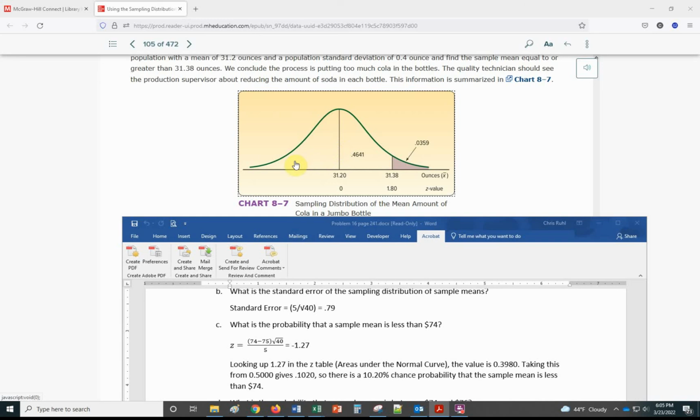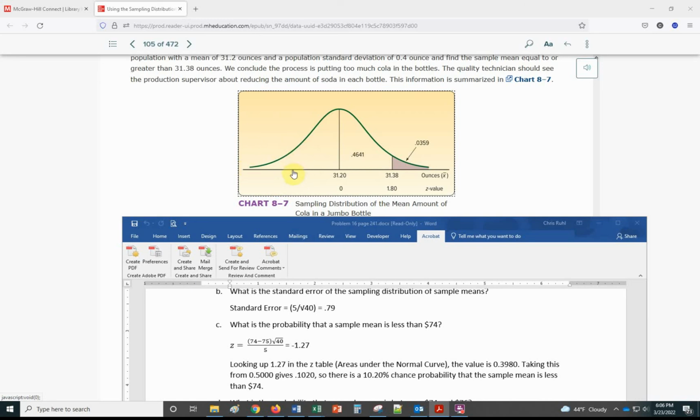As you go to the left, the number gets smaller, and somewhere in here we have 74, maybe about right here. And it said, what is the probability the sample mean is less than 74? Well, from right here, 74, we go up to 75. We're asking about when it's less than 74, so it's to the left right here. So this is the area we're talking about.